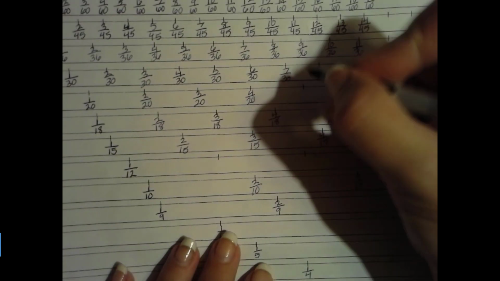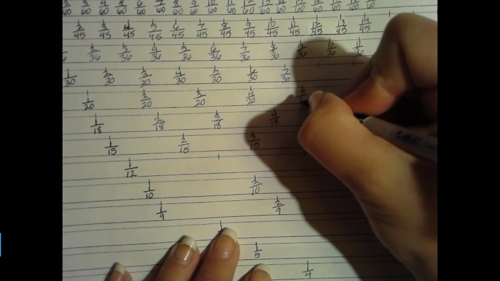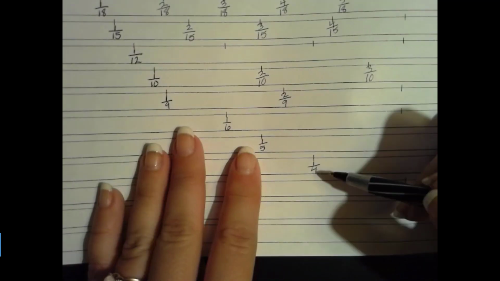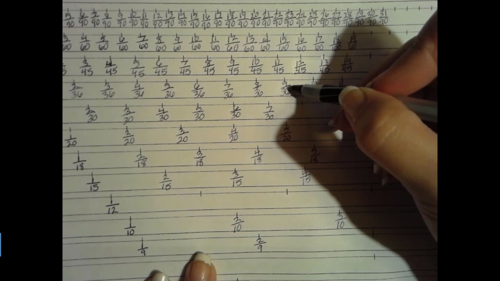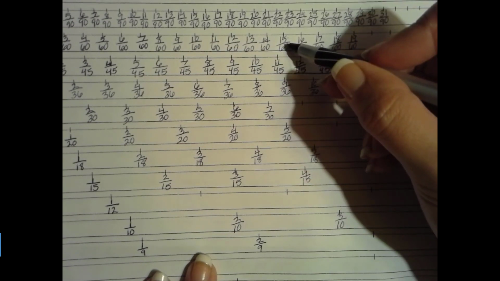Lots of equivalent fractions. Then we have 5/20ths, which is equivalent to 1/4. That's the simplest form. Also equivalent to 9/36 and 15/60ths.